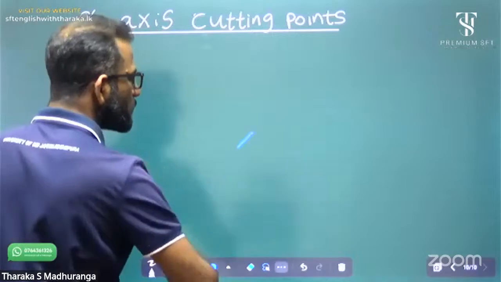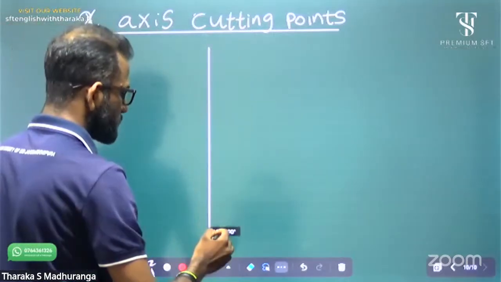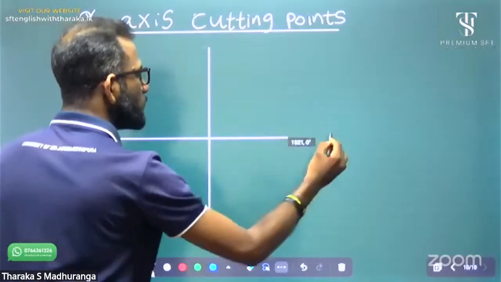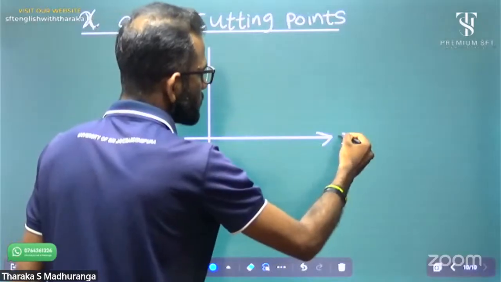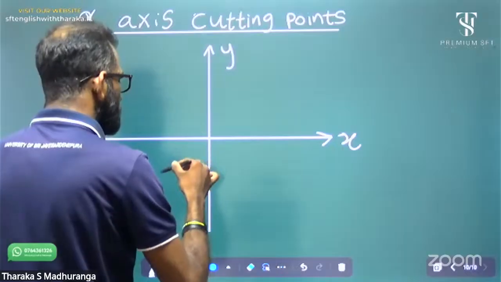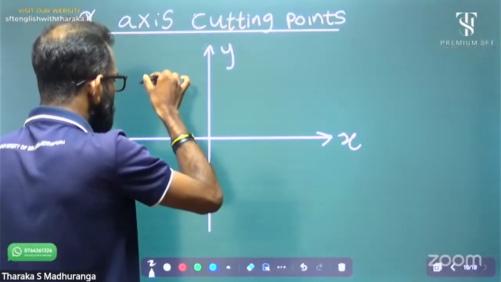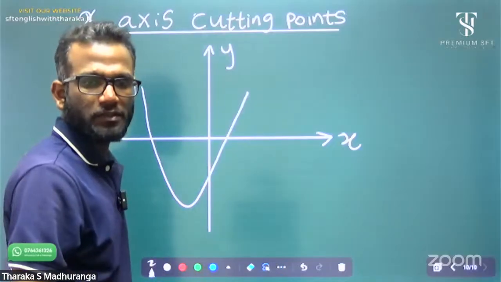Remember, understand the final part of the lesson. Now this is the Cartesian plane, x and y, and let's take a minimum quadratic function graph.